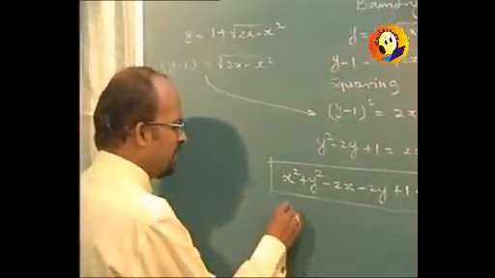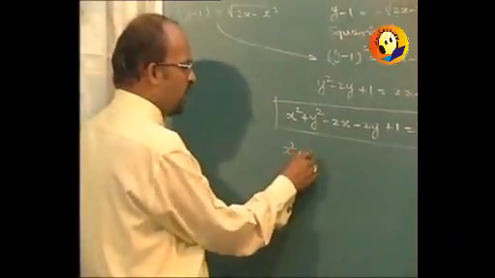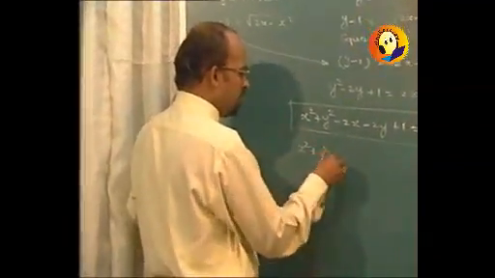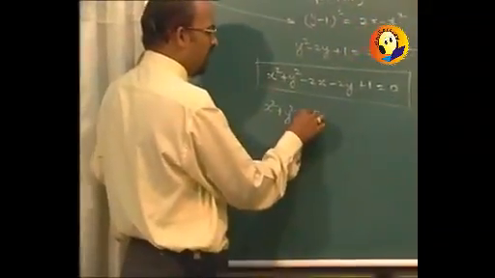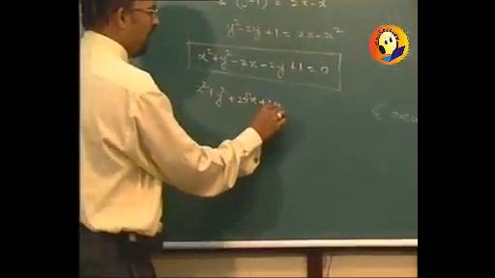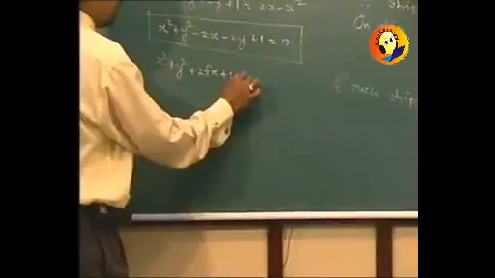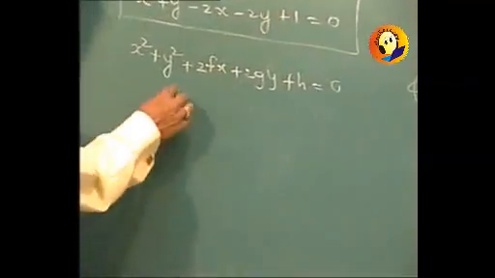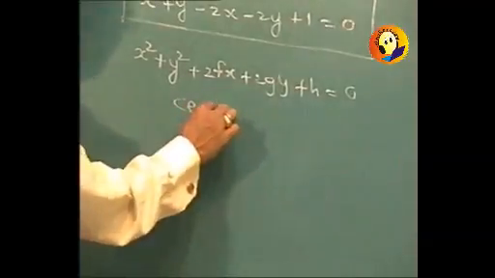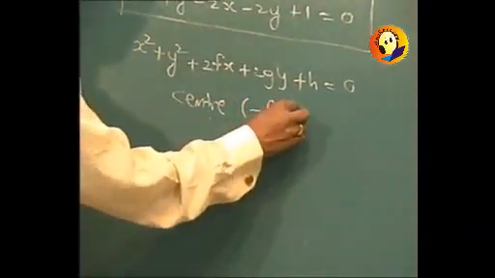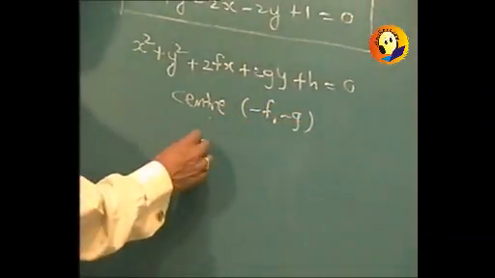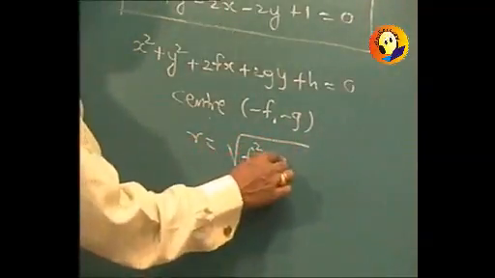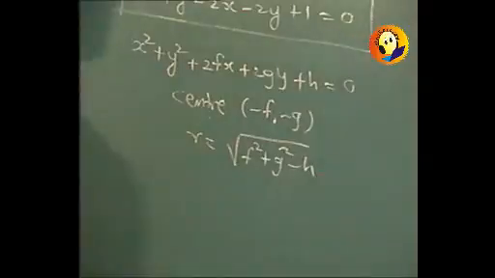We know that the general equation of a circle is x square plus y square plus 2fx plus 2gy plus h is equal to 0, whose center is minus f comma minus g, and whose radius is under root of f square plus g square minus h.